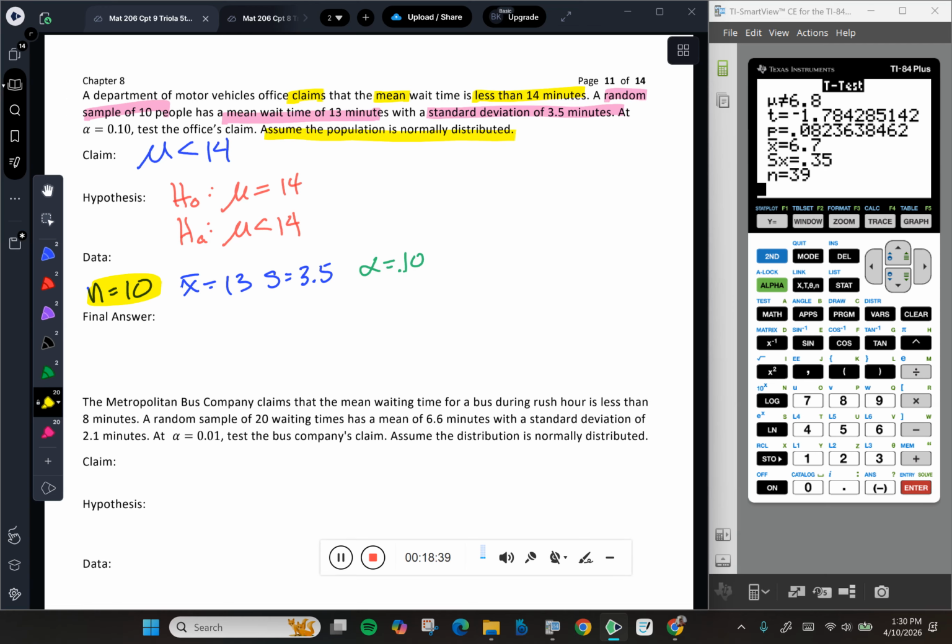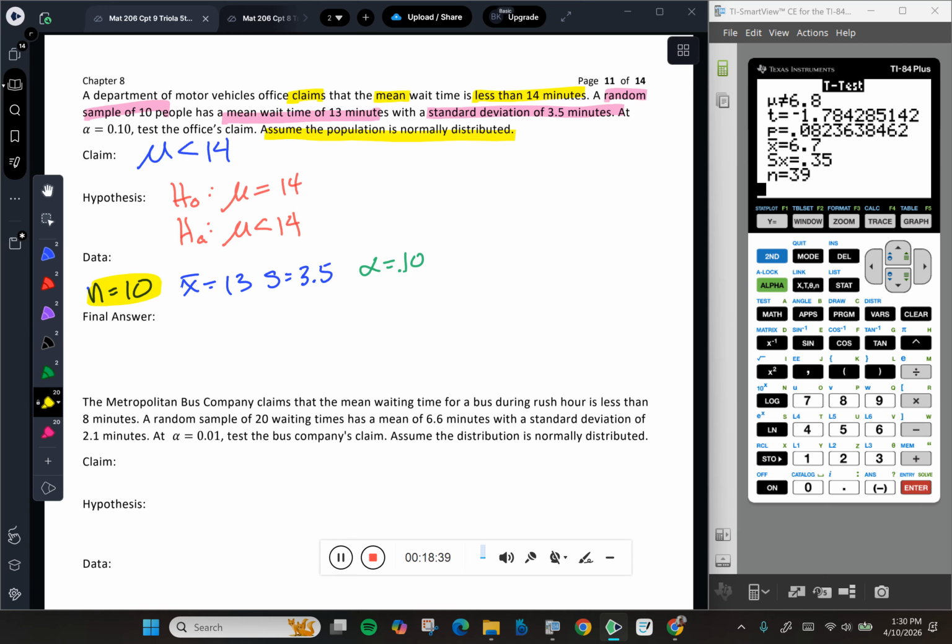My sample standard deviation is 3.5. My sample size is 10. And I'm running a left tail test because of the alternate hypothesis. I'll calculate it. The test statistic, should I need it, is negative 0.9035.